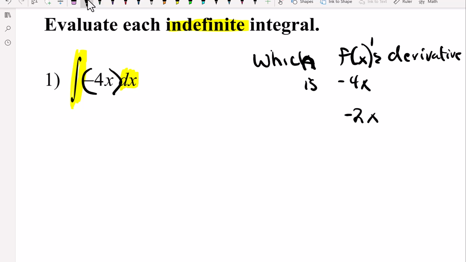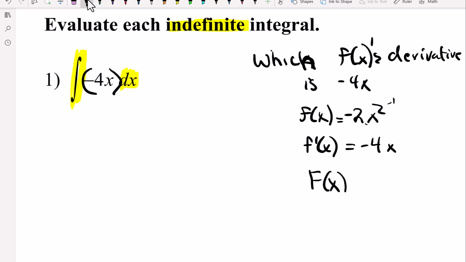Well, if f of x equaled negative 2x squared, then for the derivative function, you'd bring the 2 down in front, and then 2 subtract 1 would be negative 4x. All right? So you start with the original function, you take the derivative. Well, now the antiderivative is working backwards.